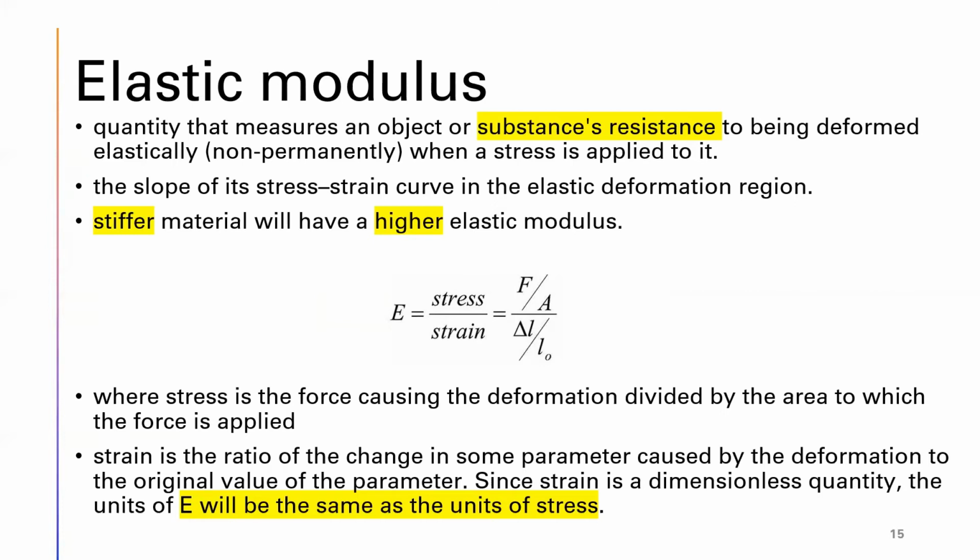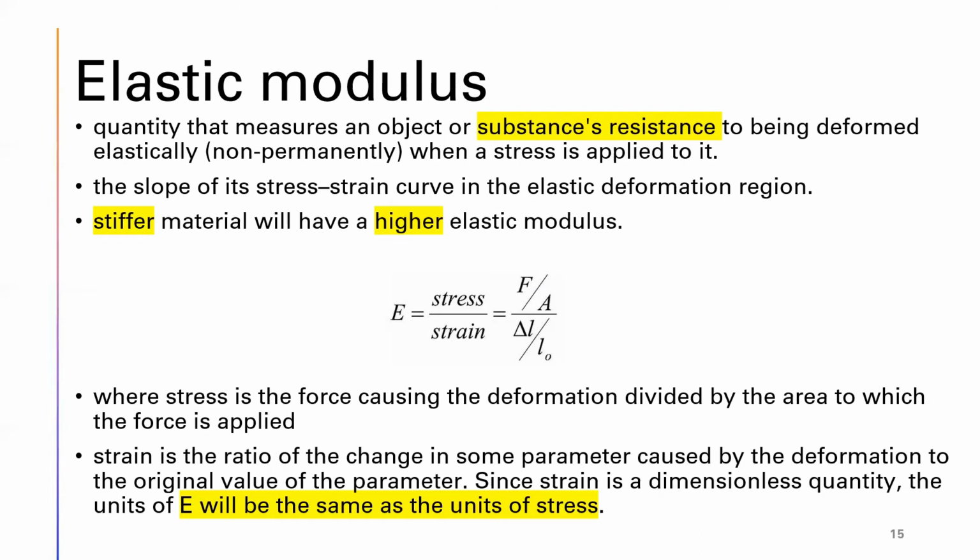Elastic modulus is given by the equation stress divided by strain, which gives us force divided by cross-sectional area, divided by change in length divided by initial length. The stress is the force causing the deformation divided by the area to which the force is applied.